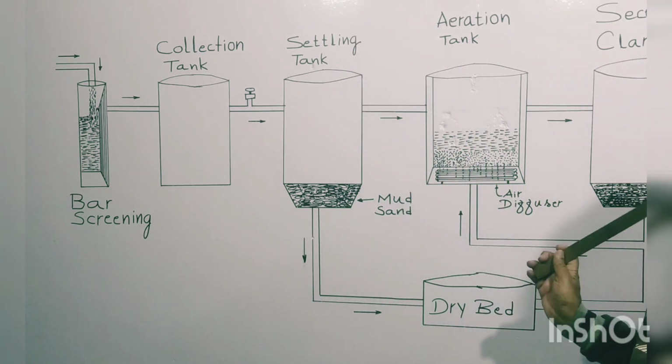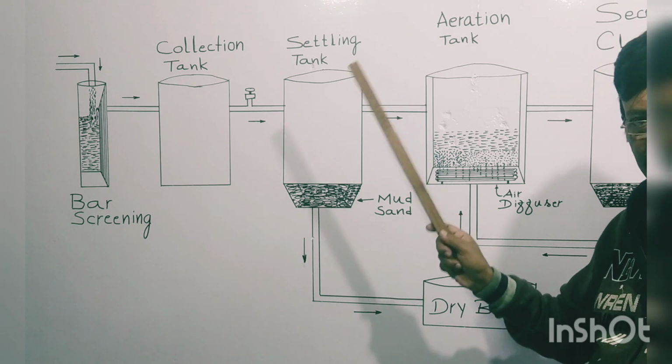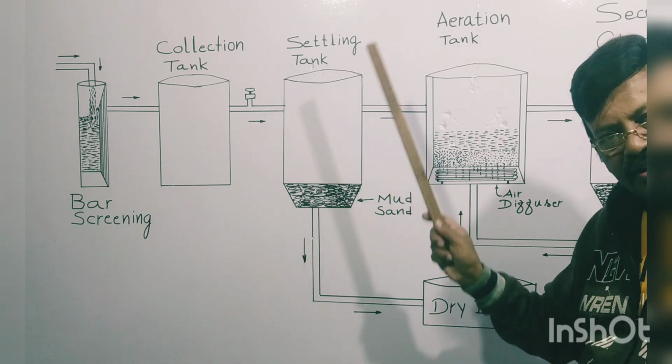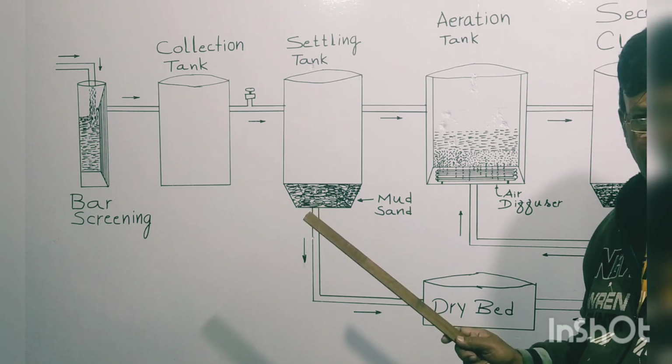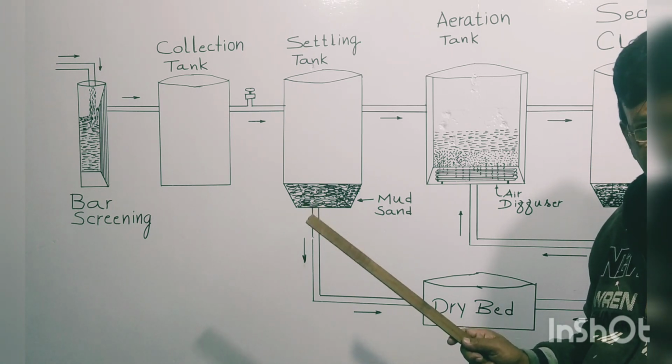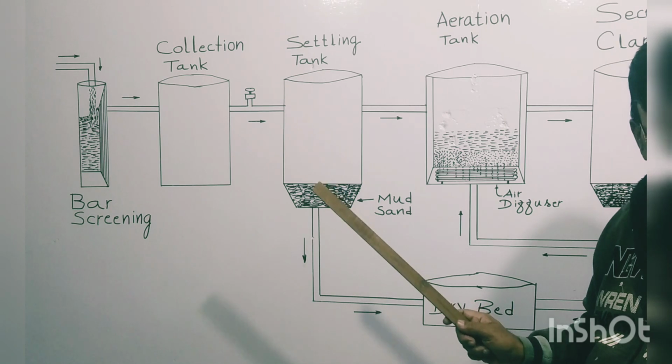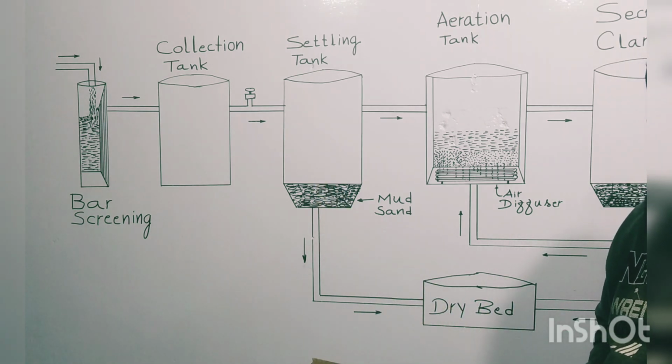They will not come to the next stage. Here itself, in the settling tank, three elements, oil, grease and detergents, are eliminated, and what is left now?